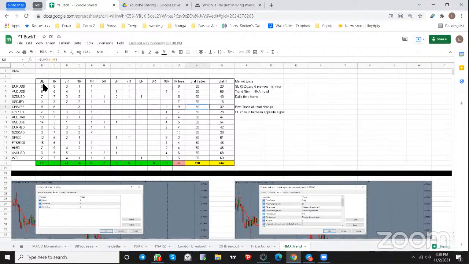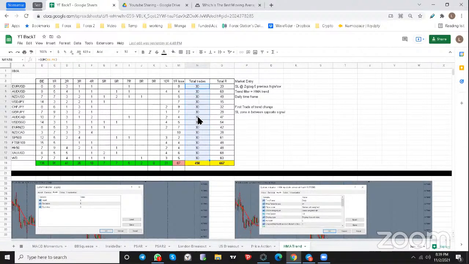Because it's tested on the daily time frame on each particular pair, I went back, for some pairs, as far as about 3 years, and I took a total of 30 trades for each pair.